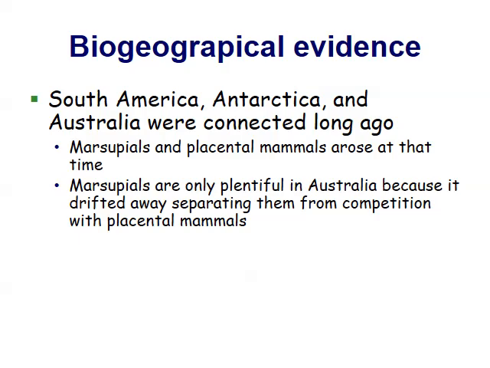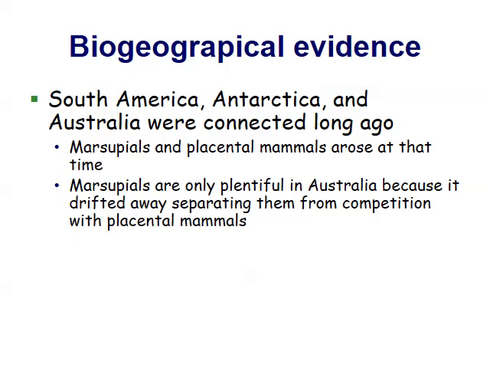We mentioned before that biogeographical evidence is evidence that shows a connection between animals found in different areas of the world. Remember the model that we showed of the supercontinent Pangaea? That indicates that the continents were all connected very long ago. So South America, Antarctica, and Australia were all connected.